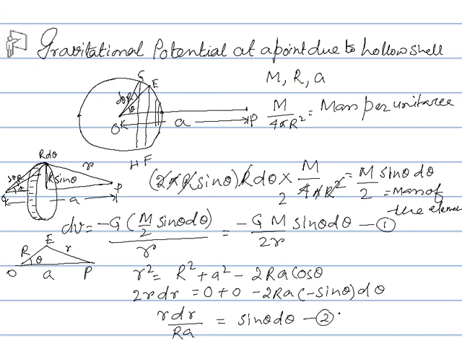Now if we replace the value of sin theta d theta here, we get dV equal to minus G m by 2r, and sin theta d theta will be r dr by Ra. So this r cancels out.